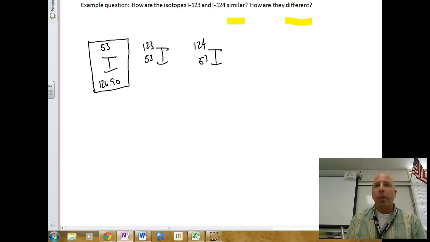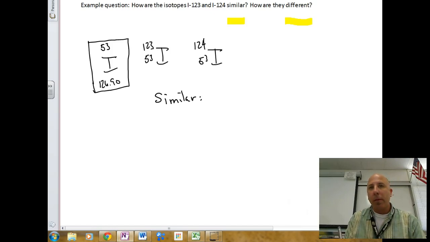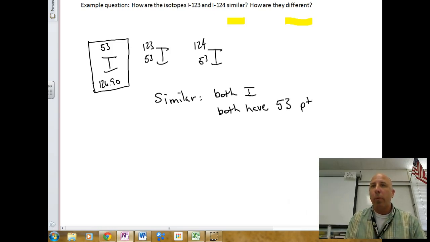Okay, so now we have our two isotope notations written, and so let's talk about first off our similarities. How are these two similar? Well, the first thing you should be able to identify as them being similar is they are both iodine. That's one thing. And we could say also they both have 53 protons because the atomic number is 53.